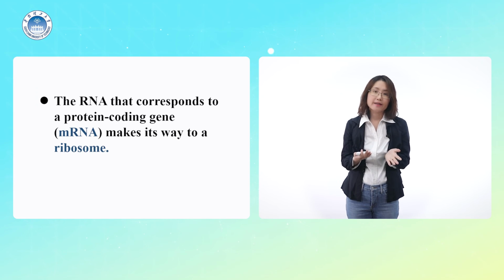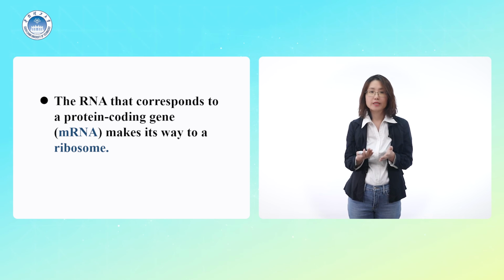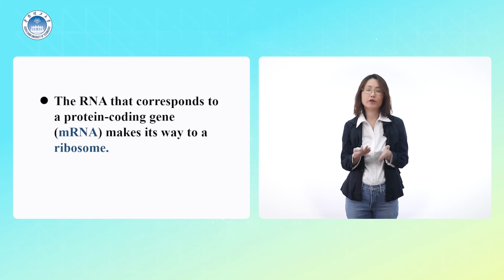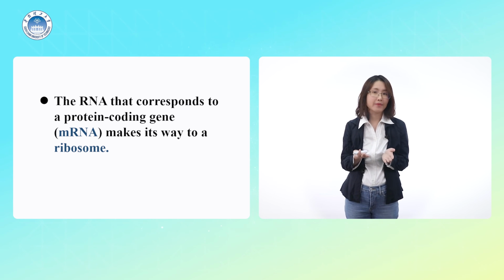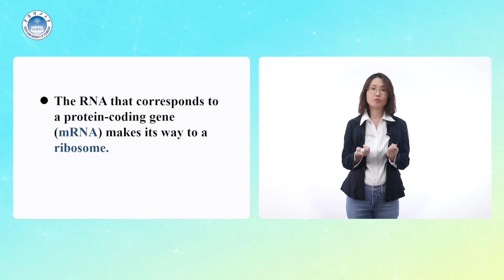The RNA that corresponds to a protein-coding gene, which we call messenger RNA or mRNA, makes its way to a ribosome, an organelle that is itself composed largely of RNA. It's the ribosomal RNA, short for rRNA.